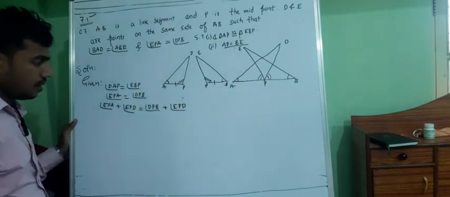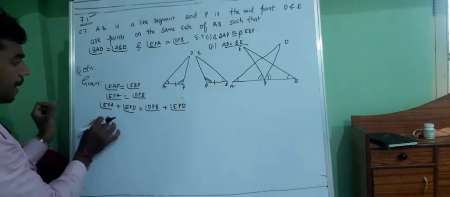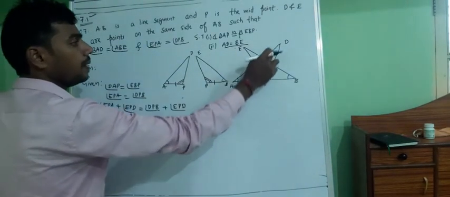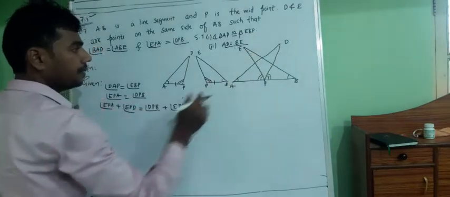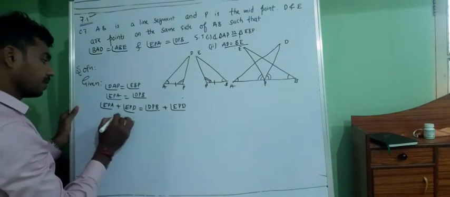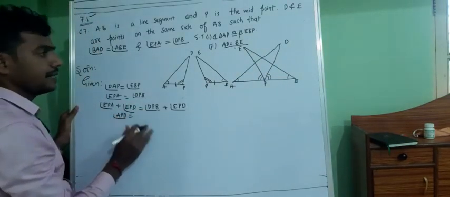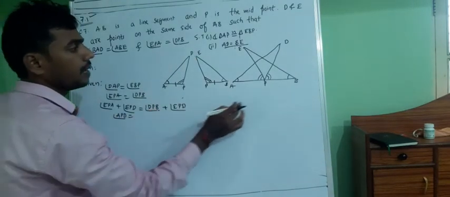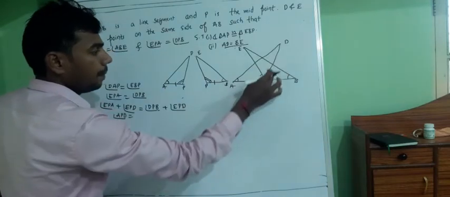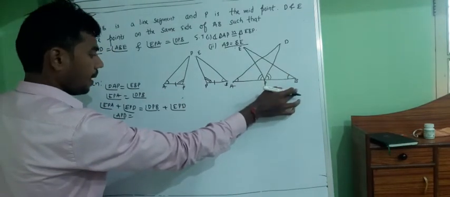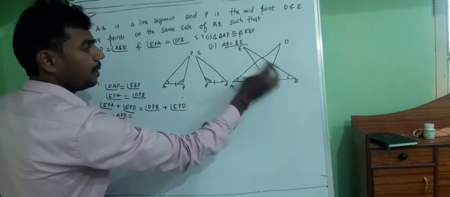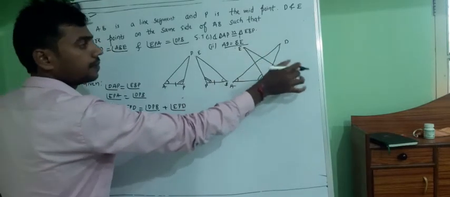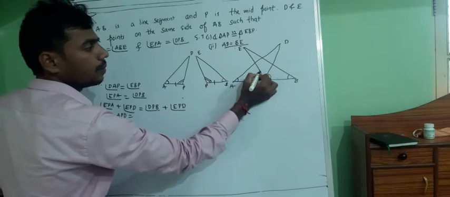Now EPA plus EPD will give me APD. Angle APD is equal to DPB plus EPD. DPB plus EPD will give me EPB. This angle plus this angle will give me this angle. This and this will give me the entire angle.